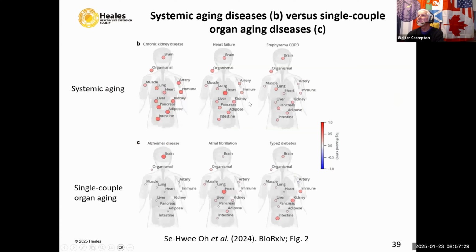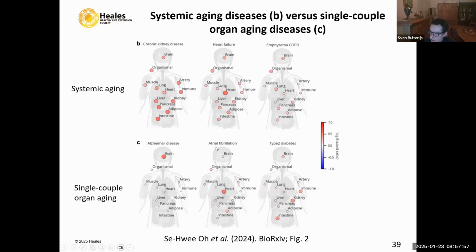Okay. This is again capturing something I have told before: you have certain people who have systemic aging, so many organs are old. That's true for people who suffer from chronic kidney disease, heart failure, or COPD. They have aging in many organs going on, while people who have, for example, Alzheimer's disease have very old brains, but not much aging in the other organs.